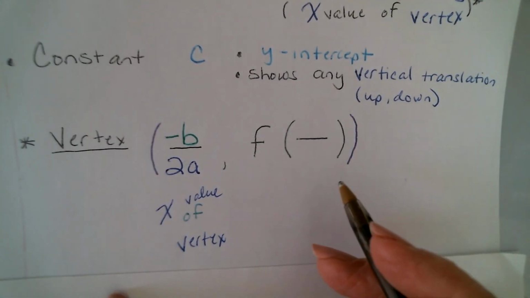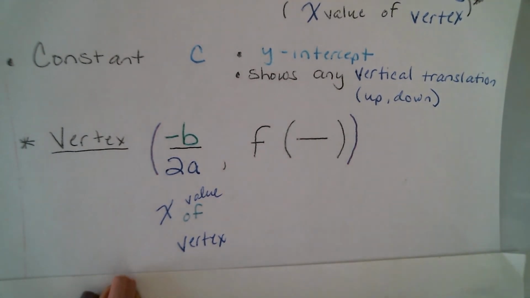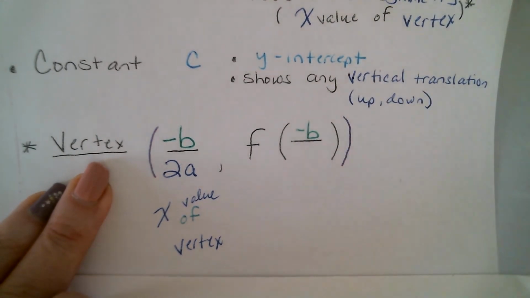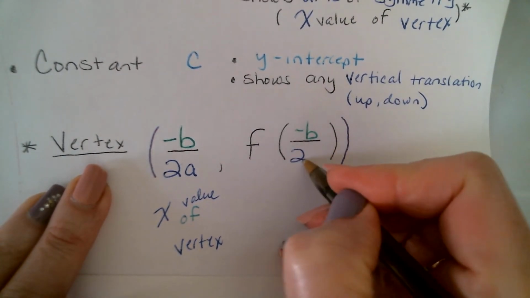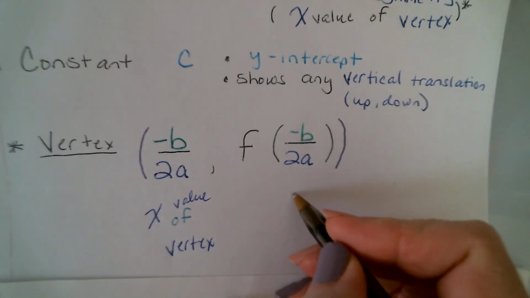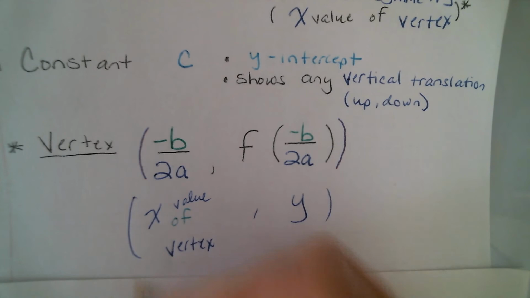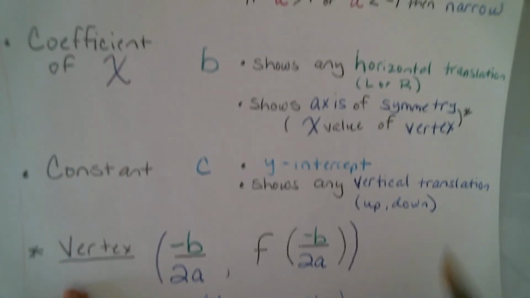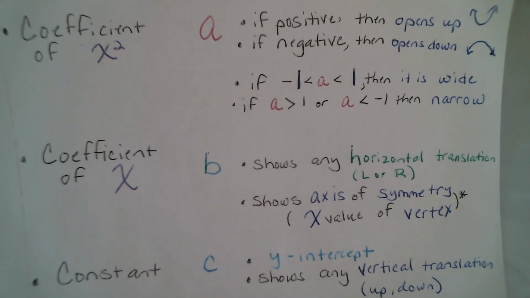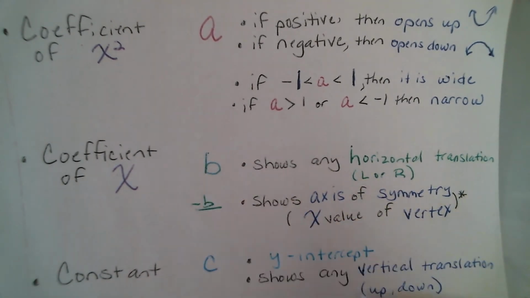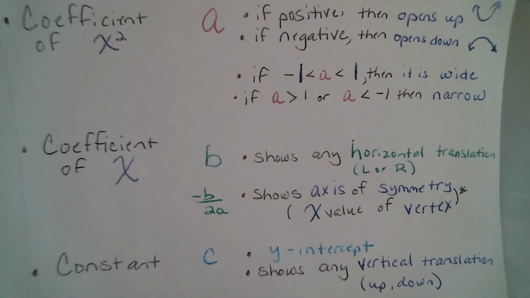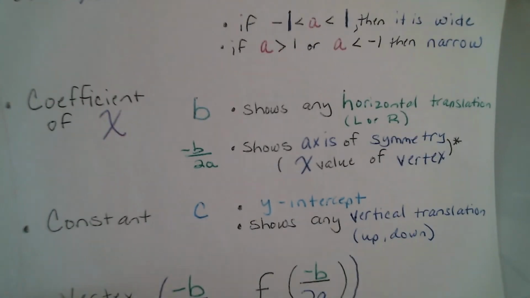So how do we get the y value? Well, it's f of x. We plug in whatever that number is, right? So whatever the x value is, we plug it in, we find f of x, or y, the y value. Okay. So I don't know if we have room up here, maybe add the axis of symmetry up here as well. The opposite of b over 2a is our axis of symmetry, okay?